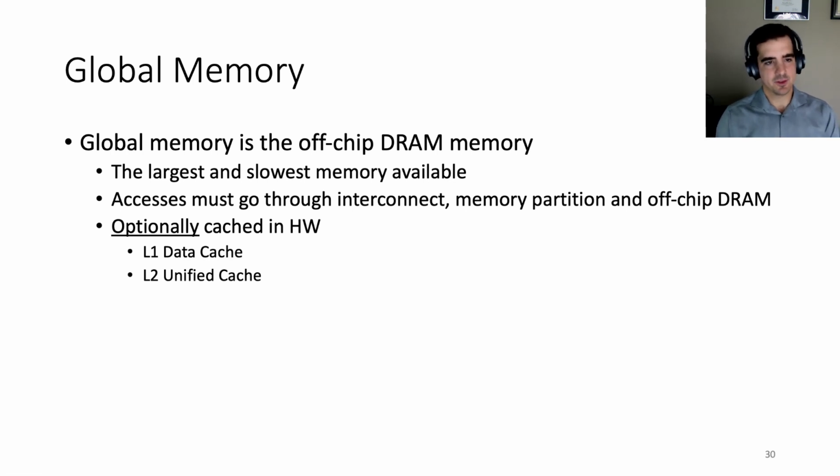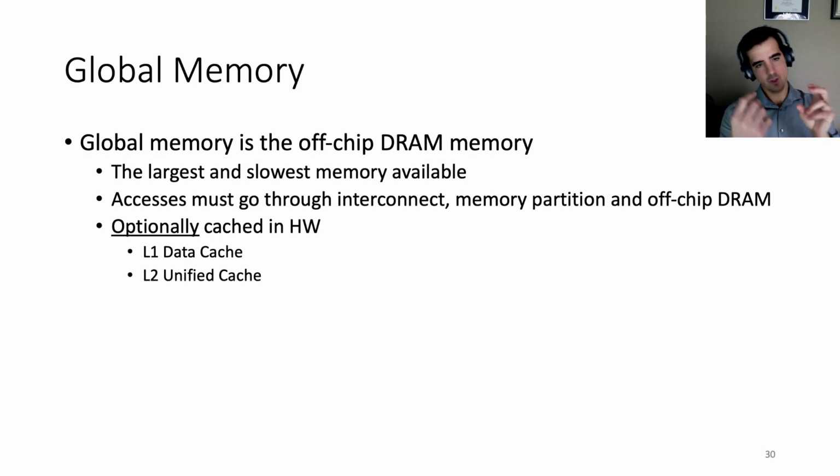Global memory is probably the most interesting memory system in the simulator. This is the biggest, slowest memory that's available. When you buy a GPU and it says that it has 32 gigabytes of memory, this is global memory. In order to access this, you have to go through the interconnect. It's off chip. So you have the core and your interconnect, which are all on chip.